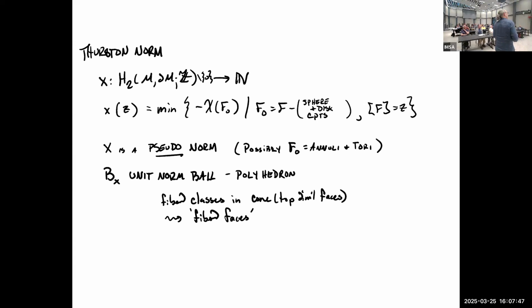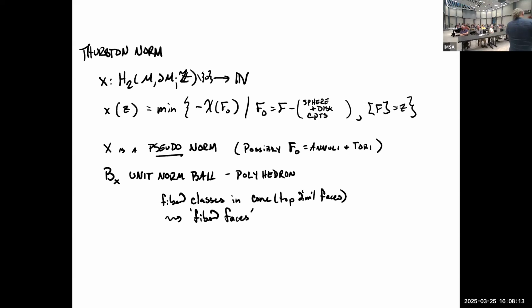And if you have a fiber class, it's in the cone over a top dimensional face of this ball. And every other class in the cone over that top dimensional face is also fibered. And so it gives a nice way of looking at all of the fiber classes together. Maybe you have many different fibered faces, these top dimensional faces that are recording the fiber classes.